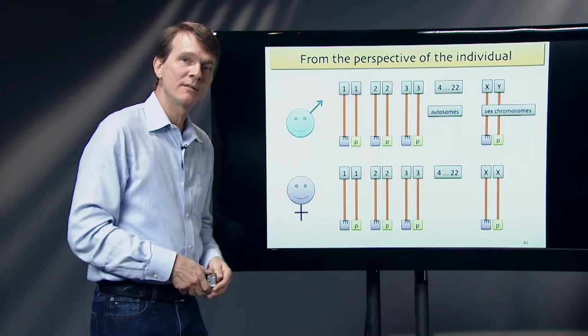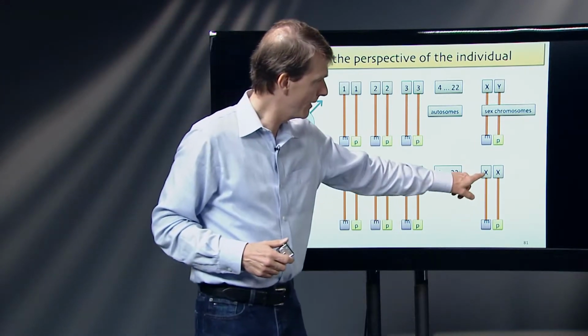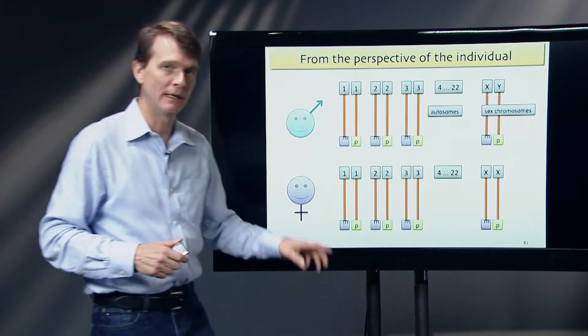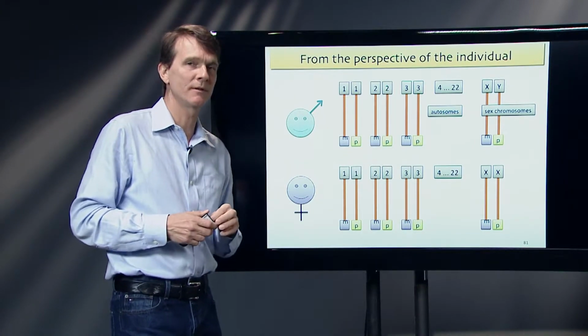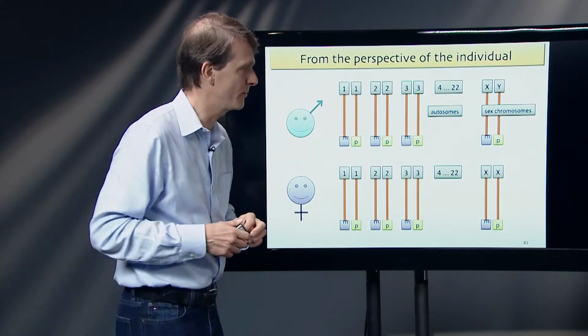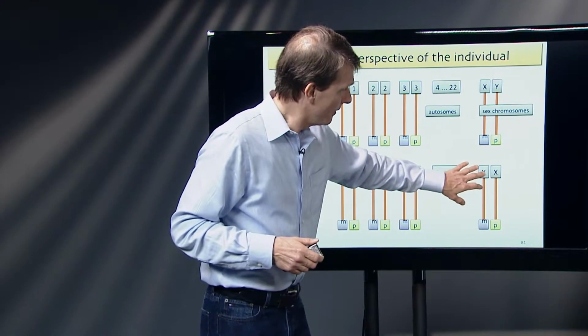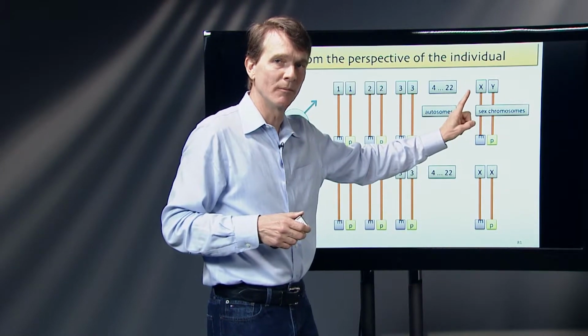So what does the female cell do? It inactivates an entire X chromosome with few minor exceptions. There are genes that escape X inactivation. That's few and far in between. So basically, both males and females have one active X chromosome.